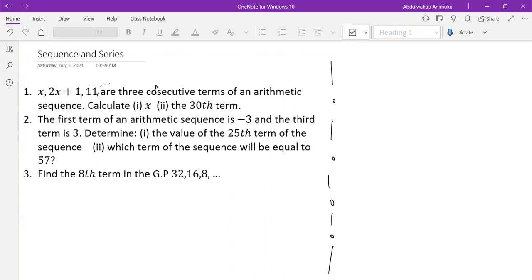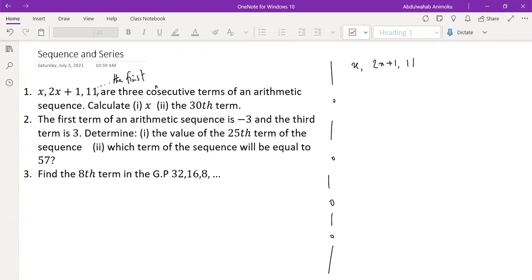We don't actually know whether it's the first, second, or third term. We just know that they are three consecutive terms of an arithmetic sequence. I think it should be the first three consecutive terms. Now calculate x and calculate the 30th term. I think this is quite easy.